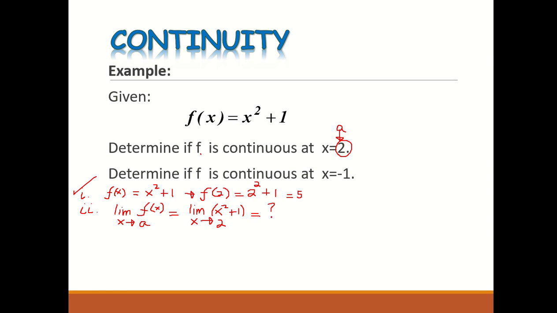So to test this one, we need to find out if the limit of x squared plus 1 as x approaches 2, and that is from the left, equal to. Now before we can do this class, I think we need to graph the function first.